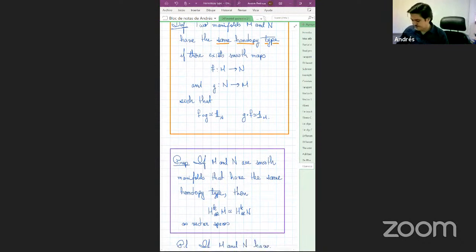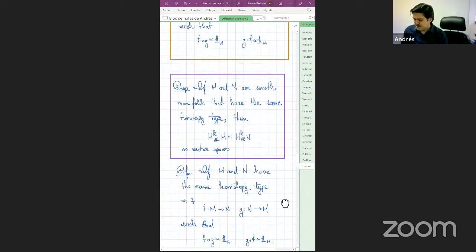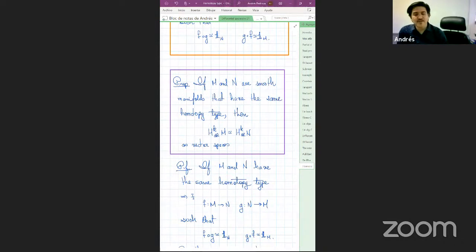Okay, so if these two manifolds have the same homotopy type, by definition, there exist two smooth maps such that after doing the composition, I don't get equality with the identity, but I have that they are homotopic. So this is a map that goes from N to N. It's not the identity, but it lies in the same connected component as the identity.